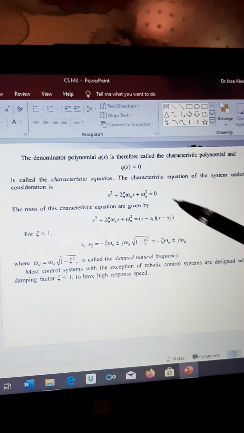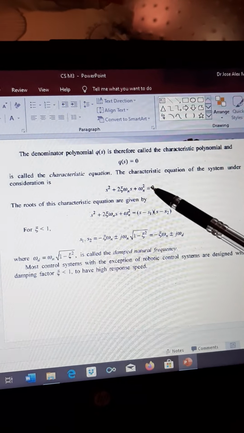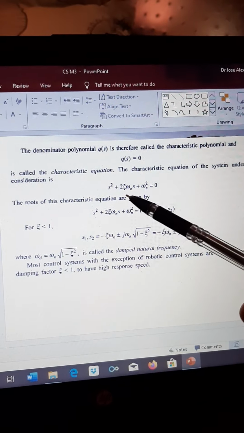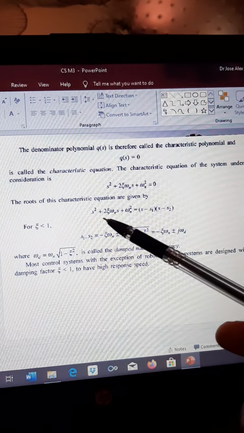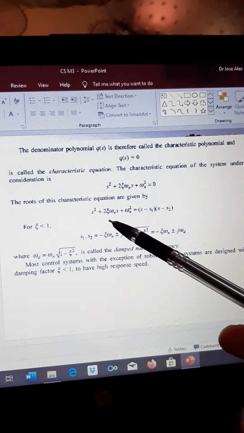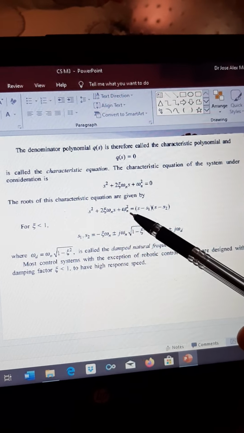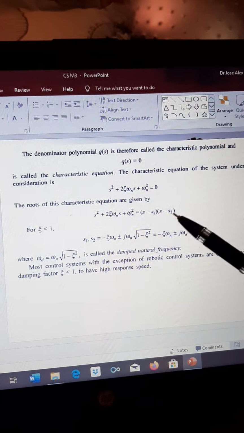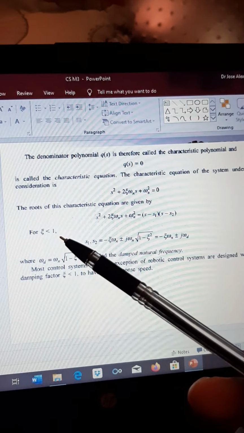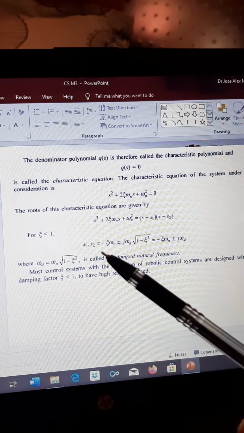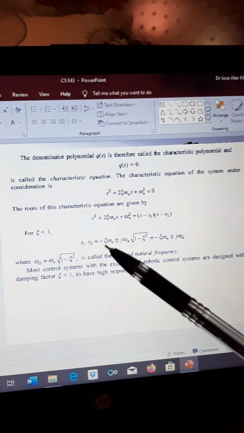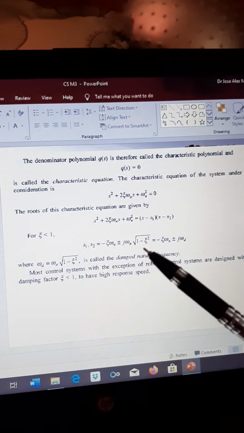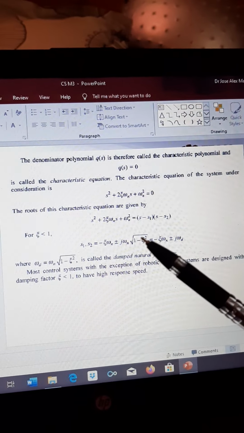When you equate it, you get s square plus 2 xi omega n s plus omega n square equal to 0. The roots of this characteristic equation are given by (s minus s1)(s minus s2). For xi less than 1, s1, s2 is equal to minus xi omega n plus or minus j omega n square root of 1 minus xi square.